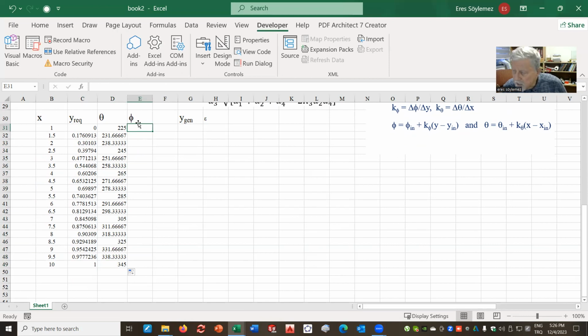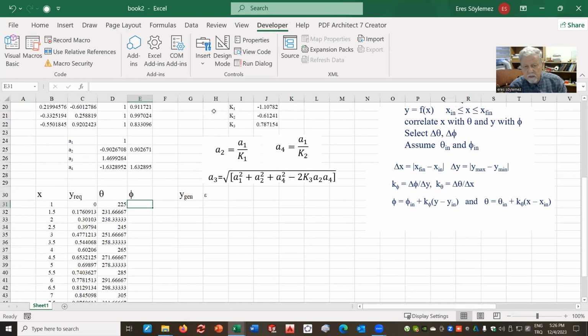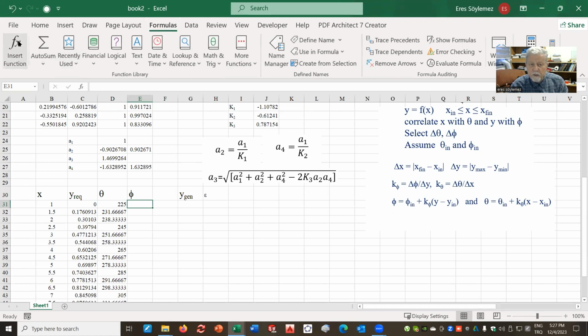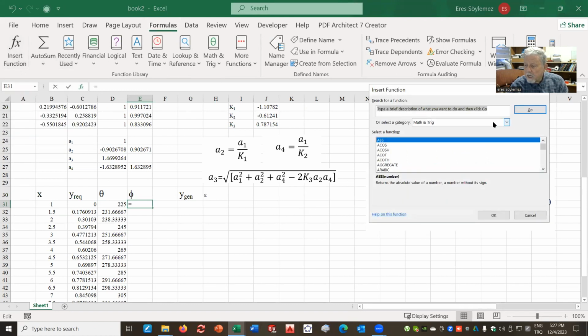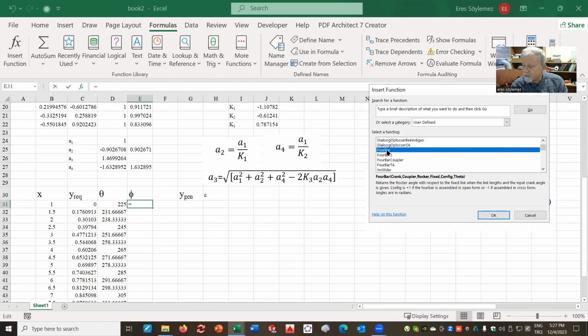Phi is going to be generated with the 4 bar using these crank angles. Later, you can type in the formula as if it's a cosine, but go to the formulas menu, insert function. Besides math and trig functions, you will see user-defined functions, and you have all these functions user-defined. As you can see, it returns the rocker angle with respect to the fixed length when the link length and the input crank angle is given.